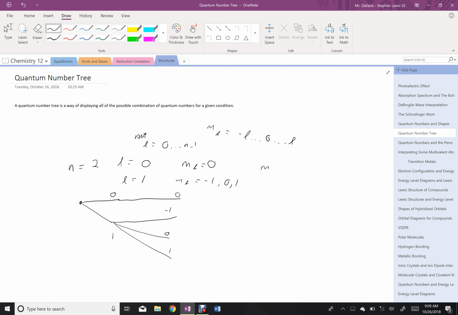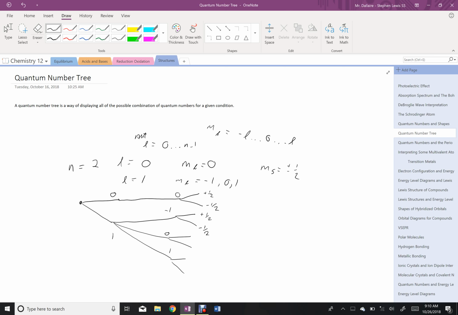And then finally, regardless of the previous things, my MS can always have a plus or minus 1/2 value. So all of these branches break into two branches, representing plus 1/2 and minus 1/2. I could write this on all of them, but I'll just do it for a couple so you get the idea.